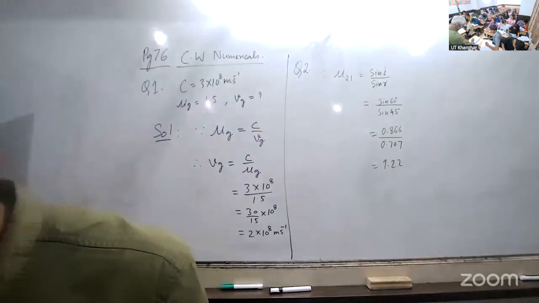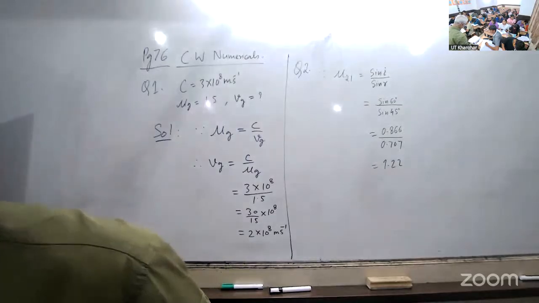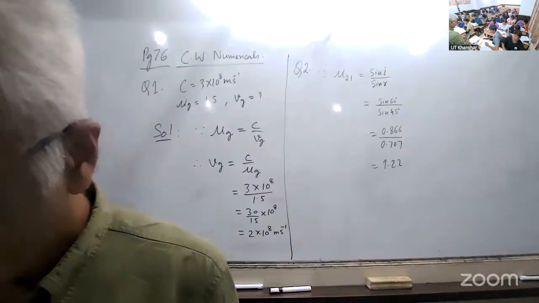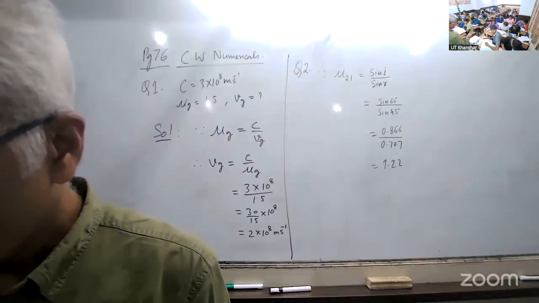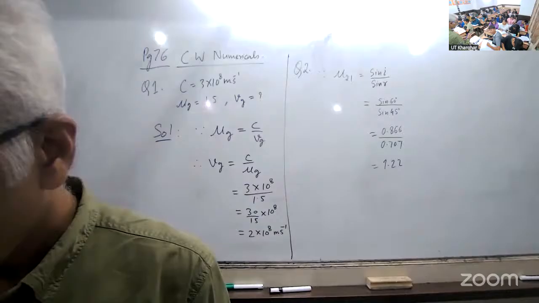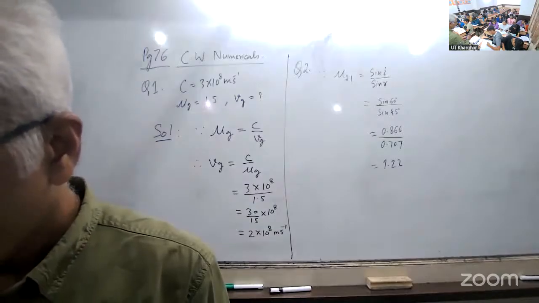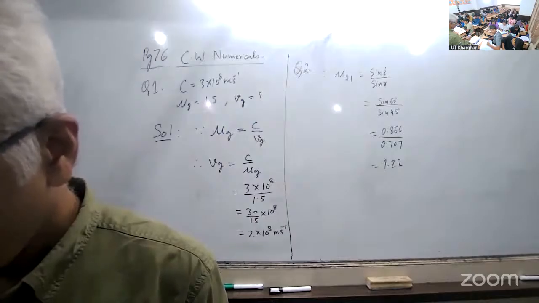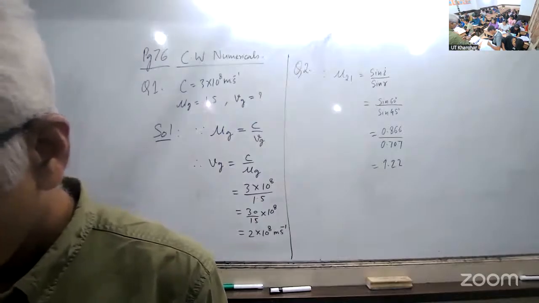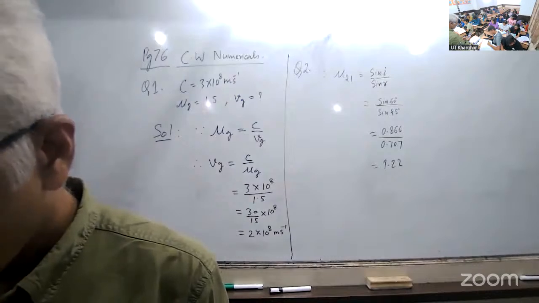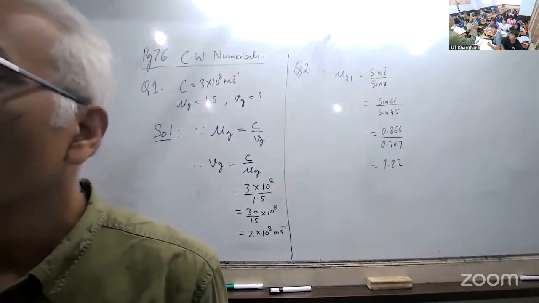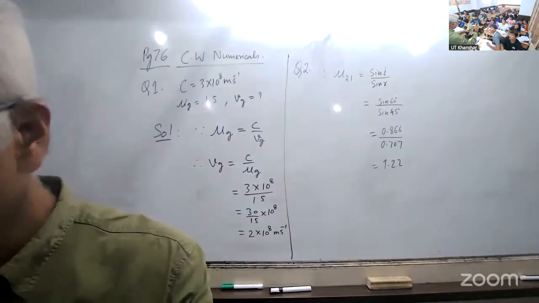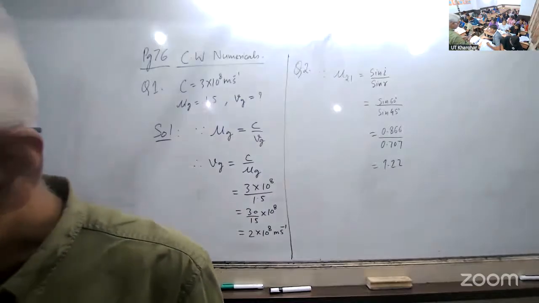Do the correction. I think there is a typographical error. What is given is sine 60. Yes, sin 60 is 0.866. Just write in your volume. It's not 0.86, it's 0.866.